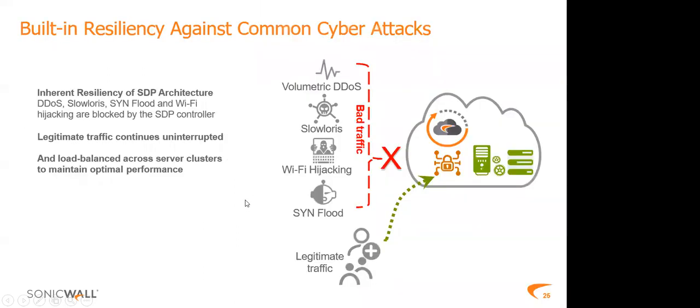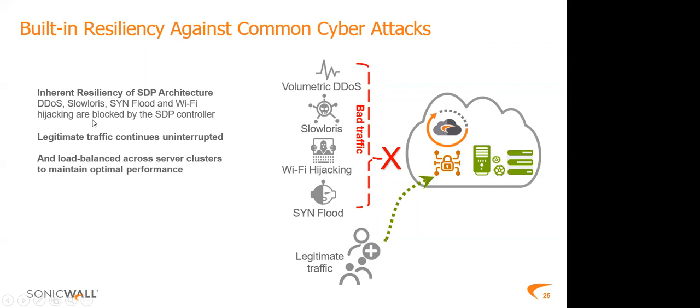So it's very convenient. And then they have built-in resilience against common cyber threats. All these like DDoS, slow read, Wi-Fi hijack, SYN flood, they actually block them. This is the inherent resilience of the SDP architecture.